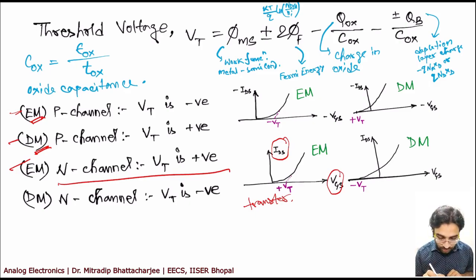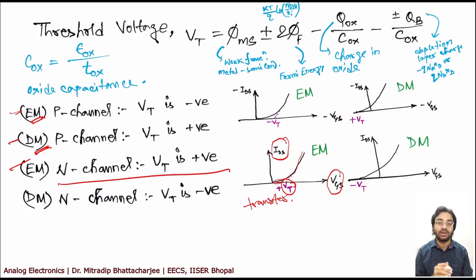If you see the characteristics, you will find that initially the transistor is off up to a certain level. Then after a voltage, you'll see the current is rising. That means the inversion layer is forming in the channel. This particular voltage is known as threshold voltage. Remember, this is not thermal voltage.